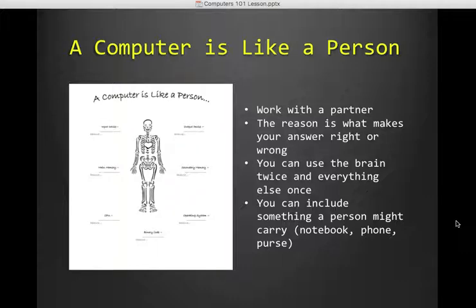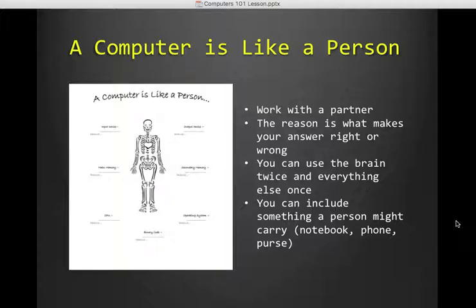So I've listed input devices, main memory, CPU, binary code, operating system, secondary memory, and an output device. You can use the brain twice, and the brain is very special in all of the things it can do, but we want to start thinking a little bit outside the box on some of these. And you can include something a person might carry, like a phone or a notebook.